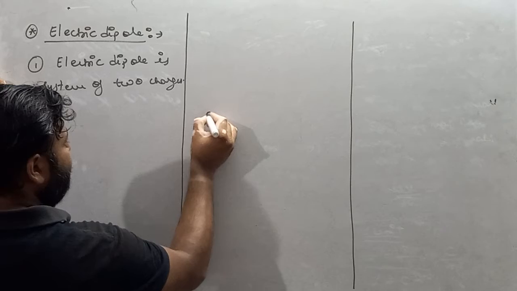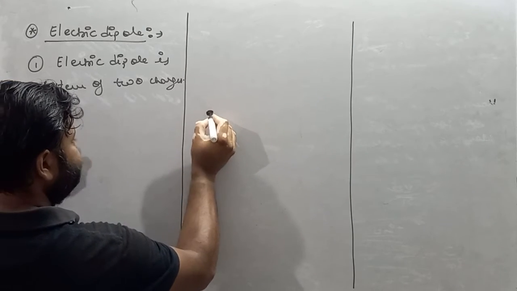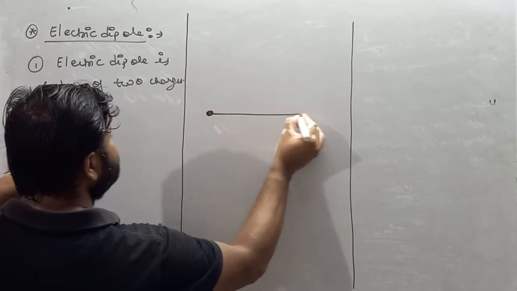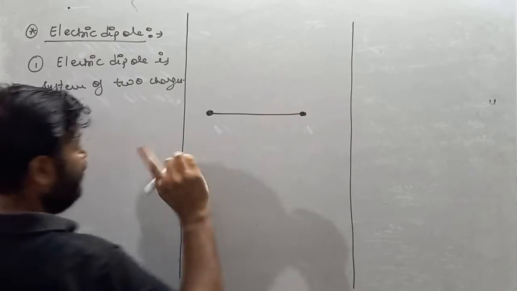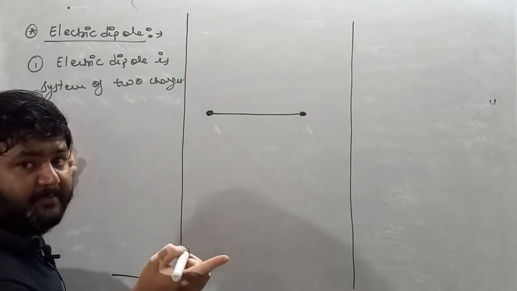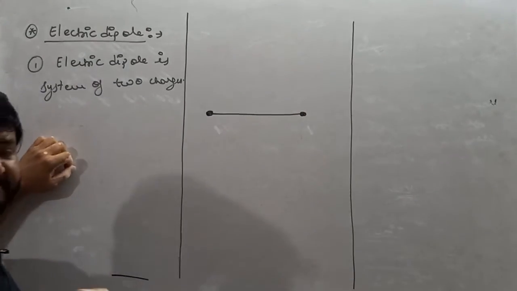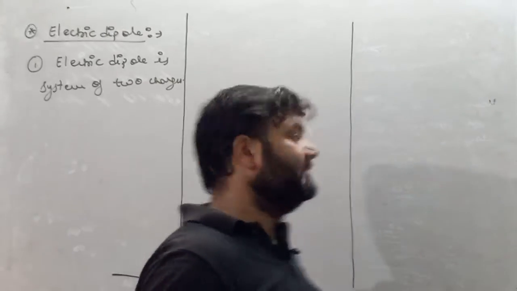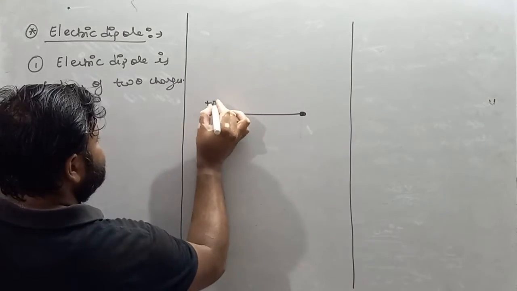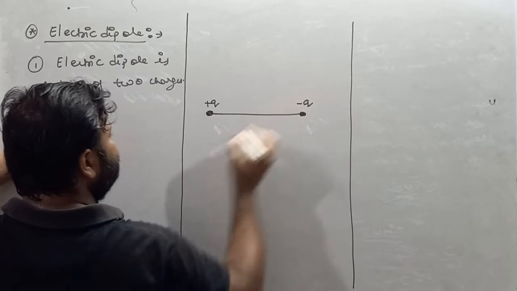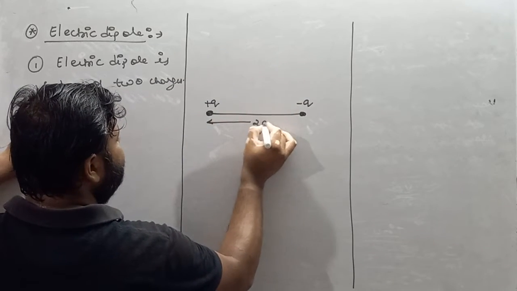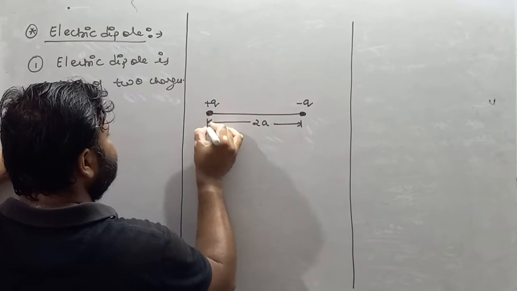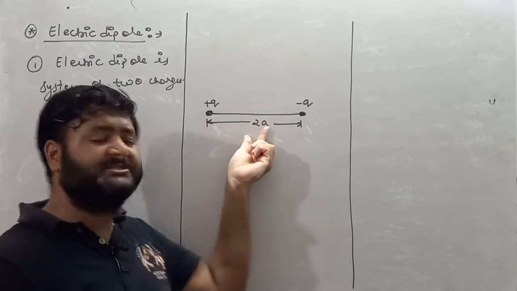See, both charges are of equal magnitude but their signs are opposite, or we can say their nature is opposite. So let's suppose this is plus q and this is minus q, separated by a small distance. Here I am taking the small distance value as 2a.